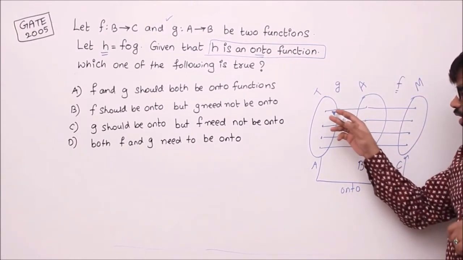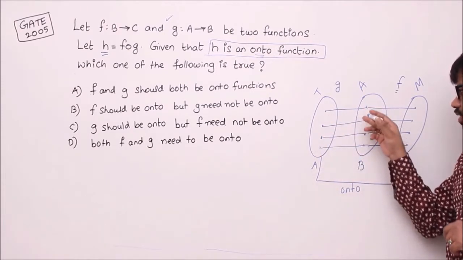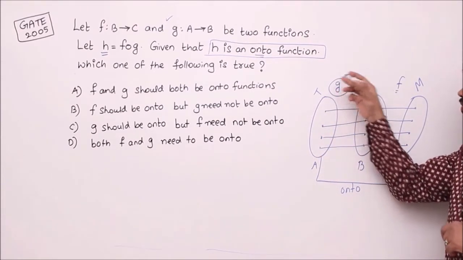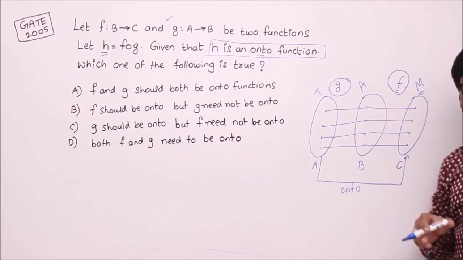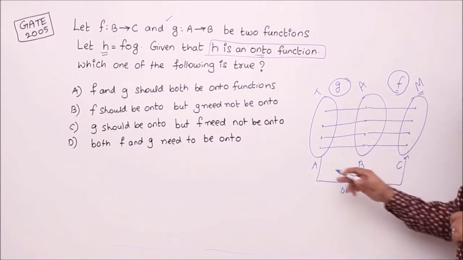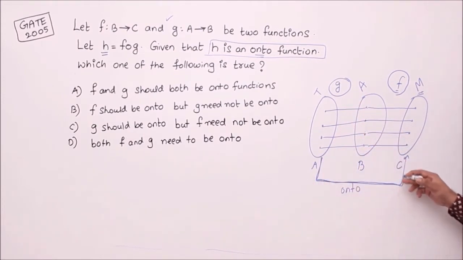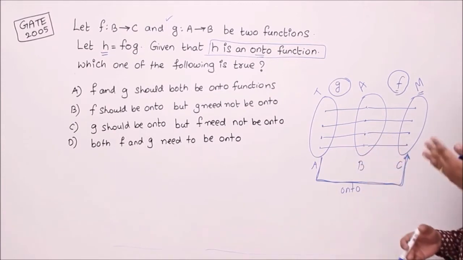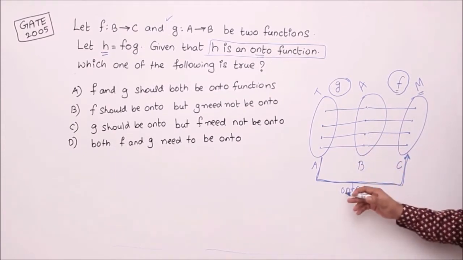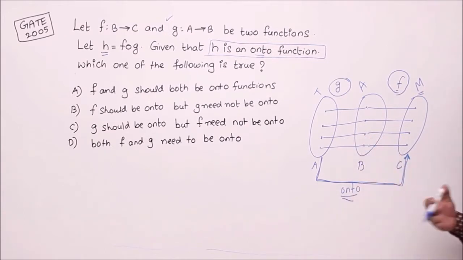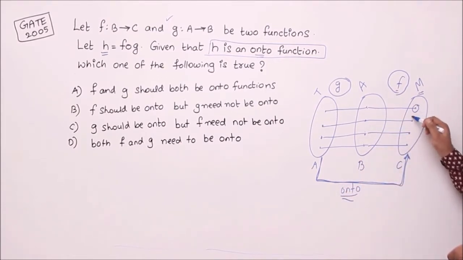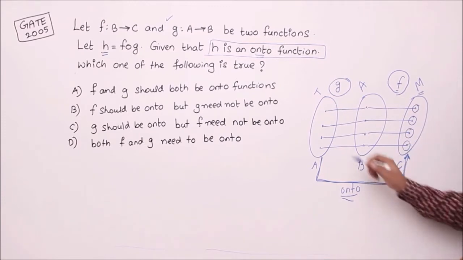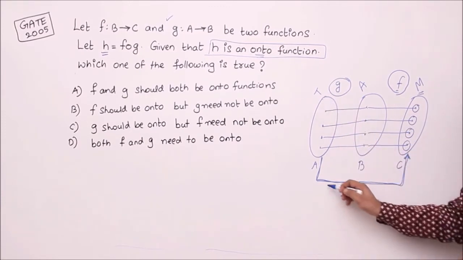Telangana cities are connected to Andhra cities through function g, and Andhra cities are connected to Maharashtra through function f. Now what is h? This h is connecting Telangana to Maharashtra but through Andhra, right? Such h is onto. If this h is onto, how can we interpret with routes? According to our idea, onto function means all the cities of Maharashtra are covered from Telangana using the h function, right?